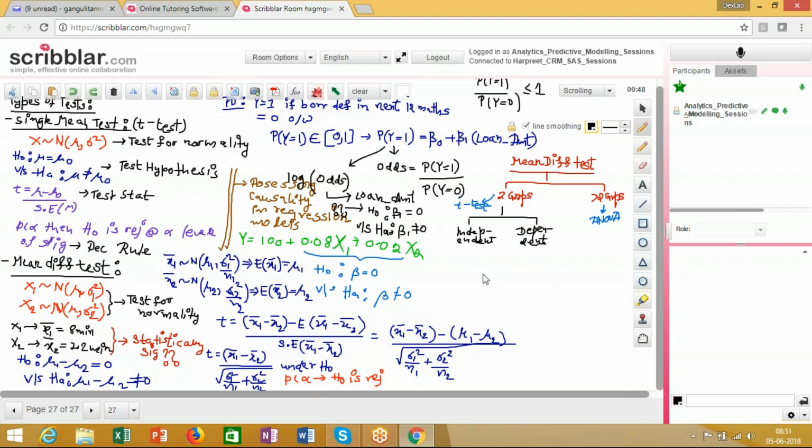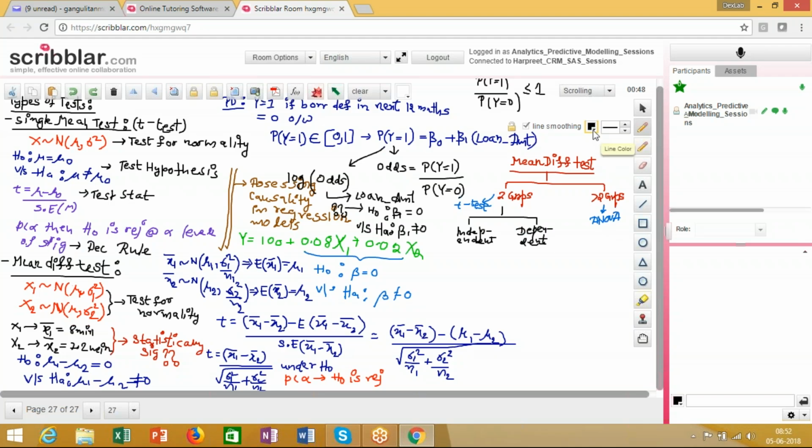Now from here, what we have is ANOVA, which is the analysis of variance. When I talk about the analysis of variance, what I mean is that I'll be comparing the variation across multiple groups, and I'll try to identify whether there is a difference in the mean or not. We'll come down to that test sometime later.